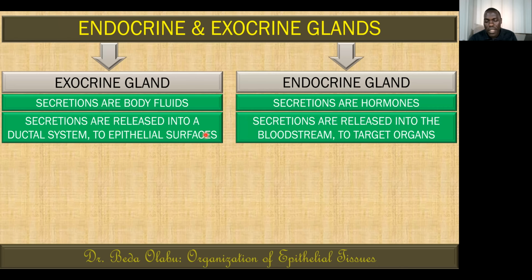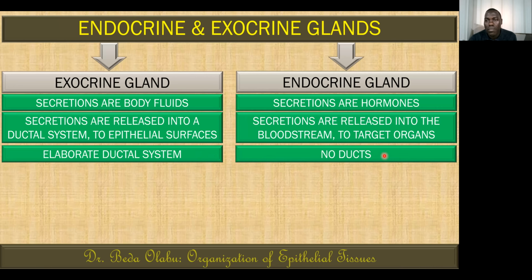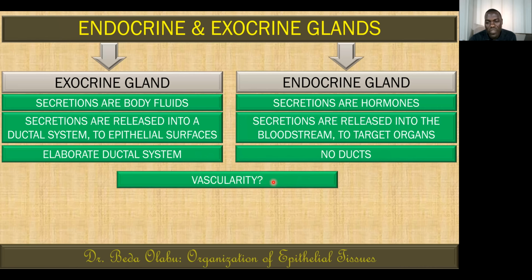For these reasons, therefore, an exocrine gland has an elaborate ductal system to transport the secretions. On the other hand, an endocrine gland will not have ducts, but instead an endocrine gland will be highly vascularized compared to an exocrine gland. They're still vascularized, but not as vascularized as the endocrine gland.